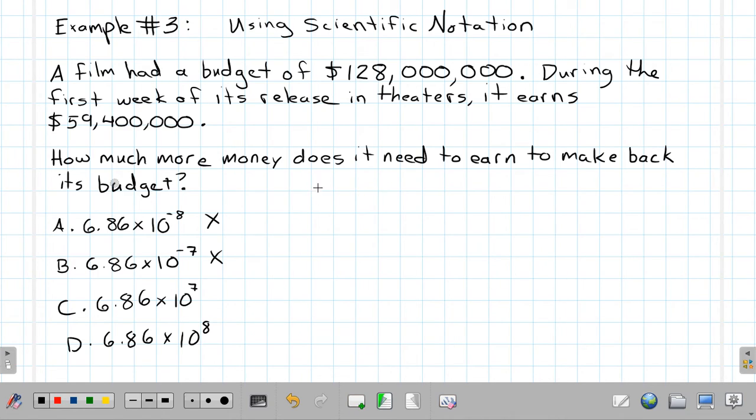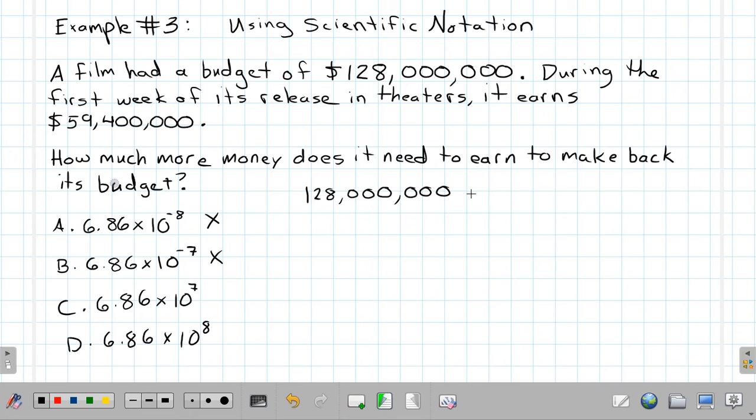We know the movie had a budget of $128 million. What we could do is, well, that's how much the movie needs to make all its money back. So they spent $128 million to make this movie.